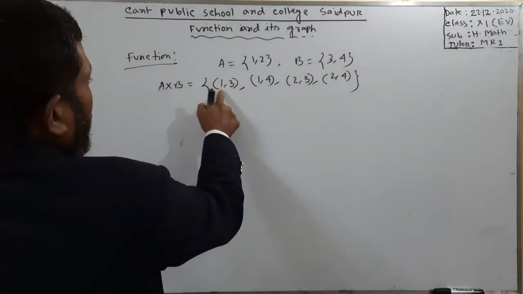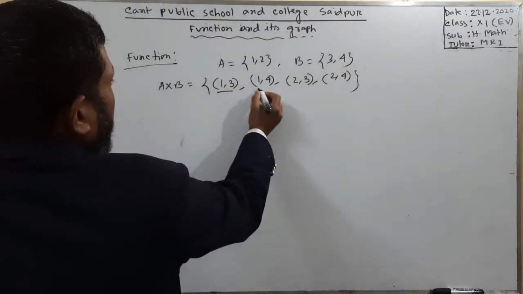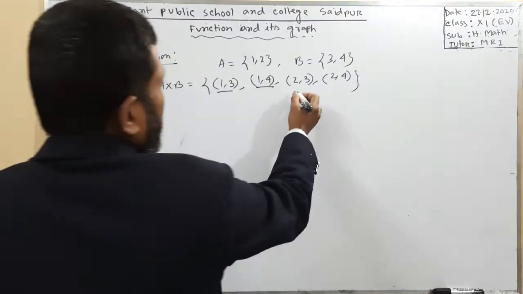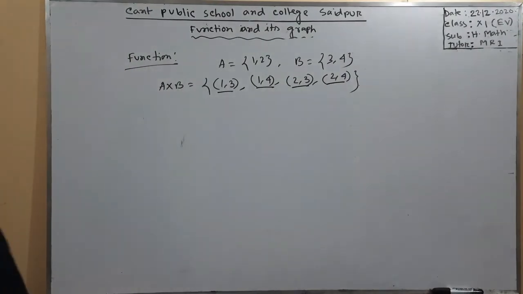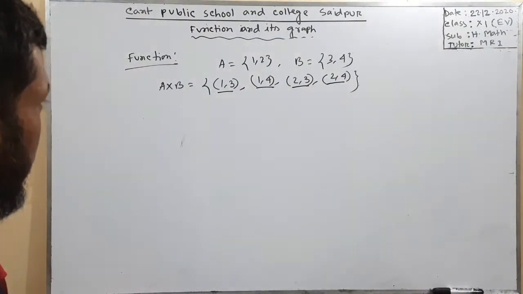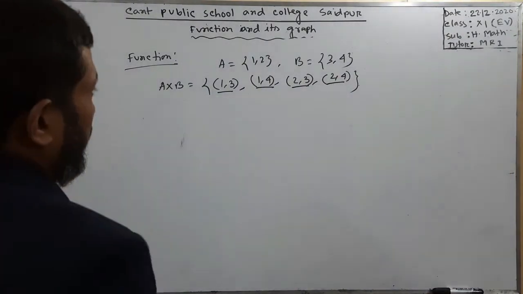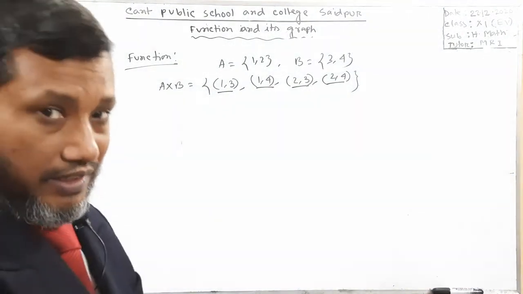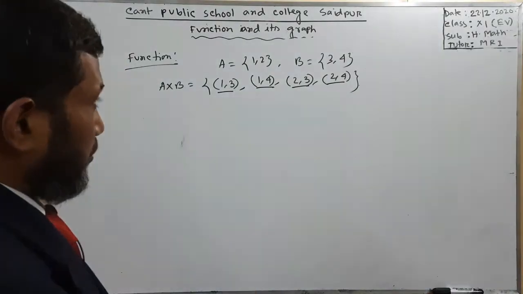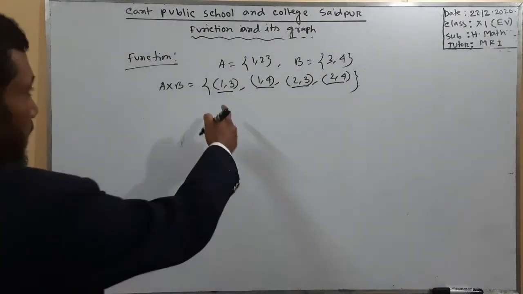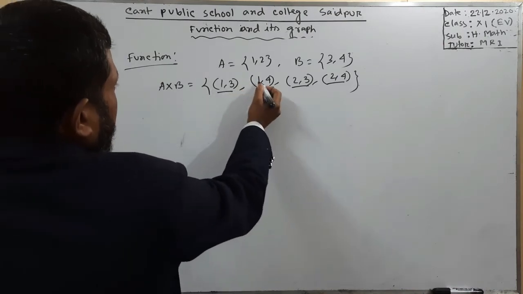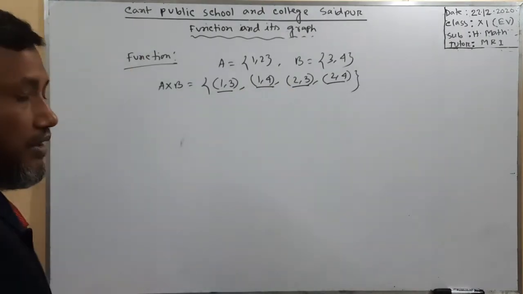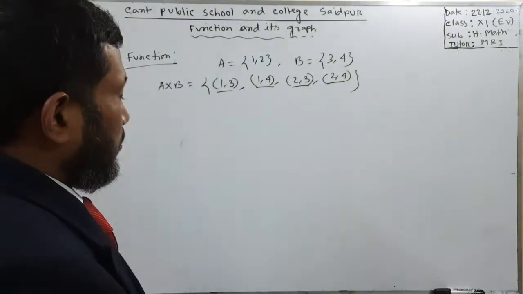Here (1, 3), (1, 4), (2, 3) and (2, 4), all four are ordered pairs. If the first element of every ordered pair is different, then the relation will be a function. But we are seeing here the first two elements have the same first element, and the last two also have the same first element.